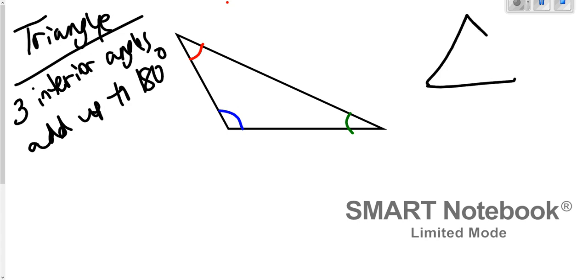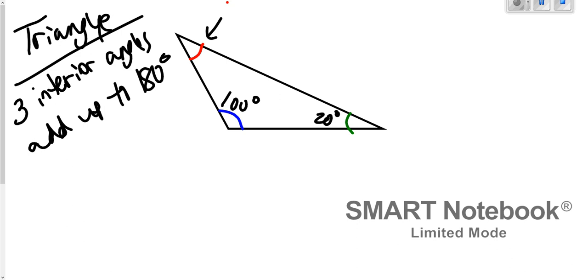I can draw a random triangle. I don't know how big each angle is, but I know that together they all add up to 180 for any triangle. What's a word for angles that add up to 180? Supplementary. So again, the three angles of triangles are supplementary. This is helpful because if I give you two of them, you can then figure out the third one.